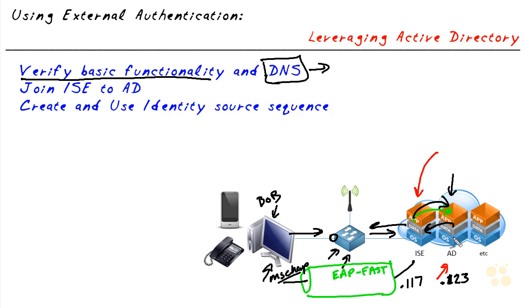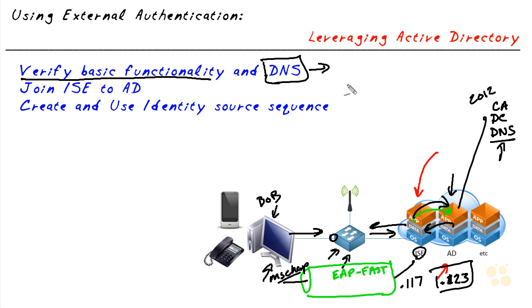And a really easy way to do that is this. This Active Directory server is 2012. It's currently acting as our certificate authority. It's acting as a domain controller. And I also have DNS installed on it. So what you and I could do is tell ISE to specifically use the IP address of 192.168.1.123 as its DNS server.